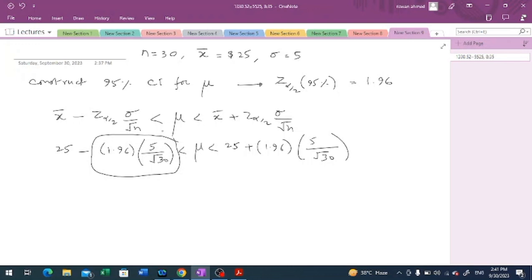So 1.789 is the value of this entire part that can be rounded off to two decimal places, because currency we take up to two decimal places, so better to round it off, and that would give us 1.79.